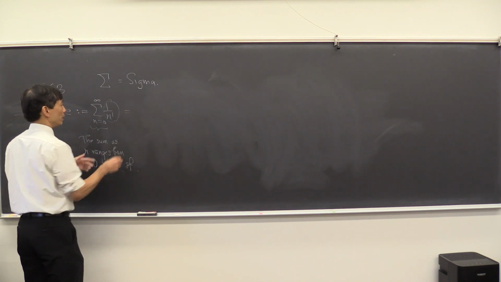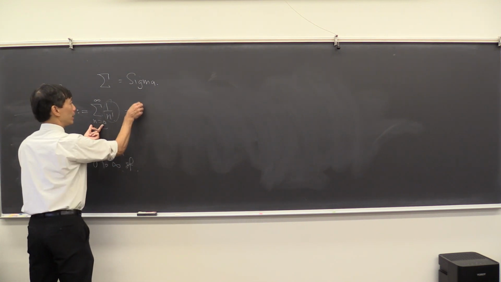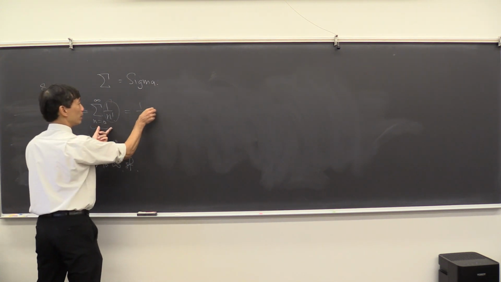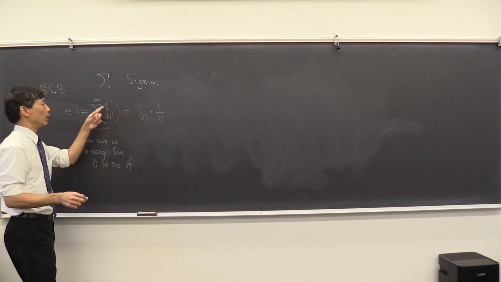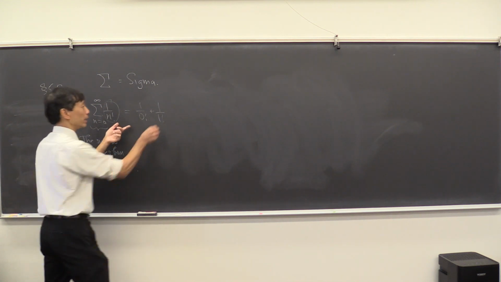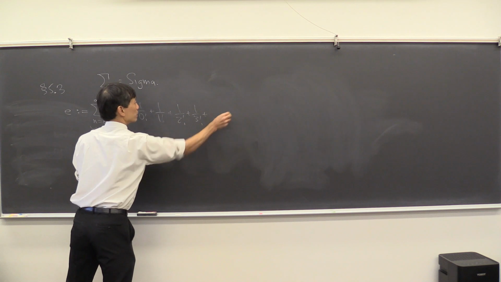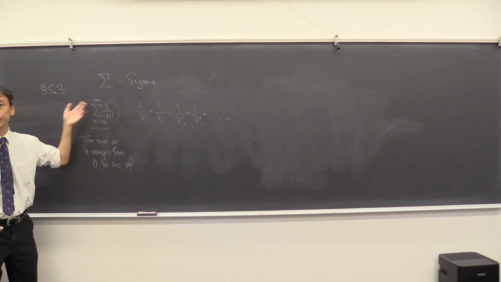What this would be is you first let n equal 0, get 1 over 0 factorial. Then let n equal 1, and you get 1 over 1 factorial, right? And then 1 over 2 factorial, plus 1 over 3 factorial, and so on and so forth. And you have this infinite sum.